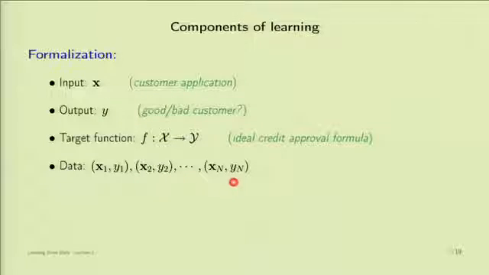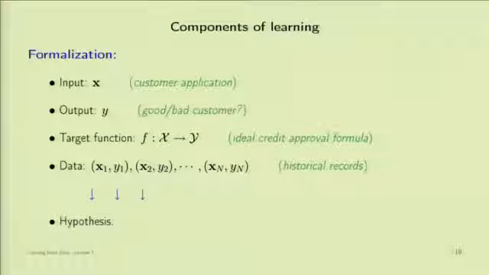And the historical records, there are plenty of historical records. All of this makes sense when you are talking about you have 100,000 of those guys. Then you pretty much say, okay, I will capture what the essence of that function is. So this is the data. And then you use the data, which is the historical records, in order to get the hypothesis. The hypothesis is the formal name we are going to call the formula we get to approximate the target function.